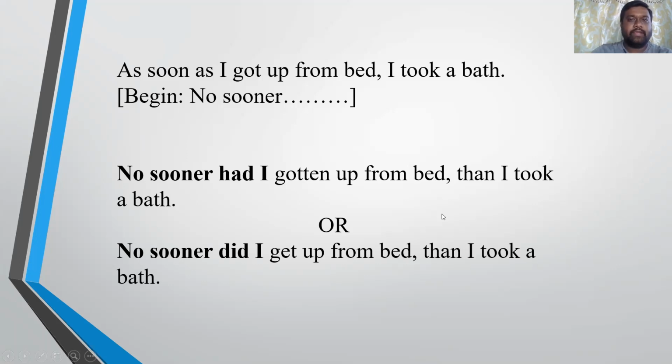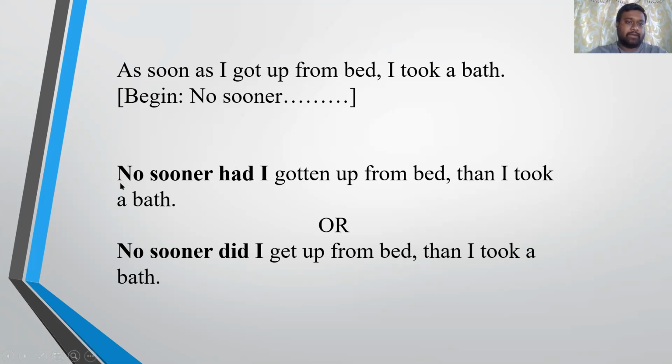There's a question here: As soon as I got up from bed, I took a bath. Begin with no sooner. There are two ways of writing an answer, and you can write only one.